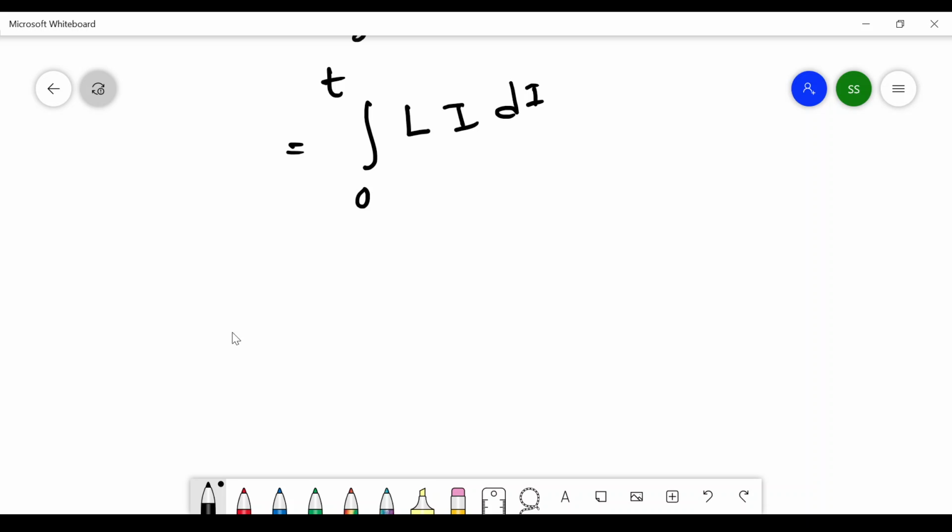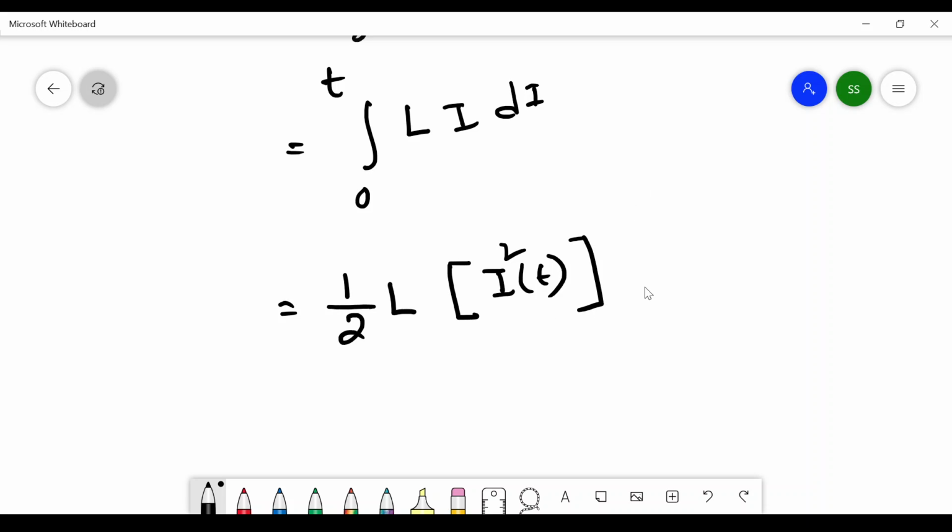If we go further, we can write 1/2 L i squared(t) from 0 to t.